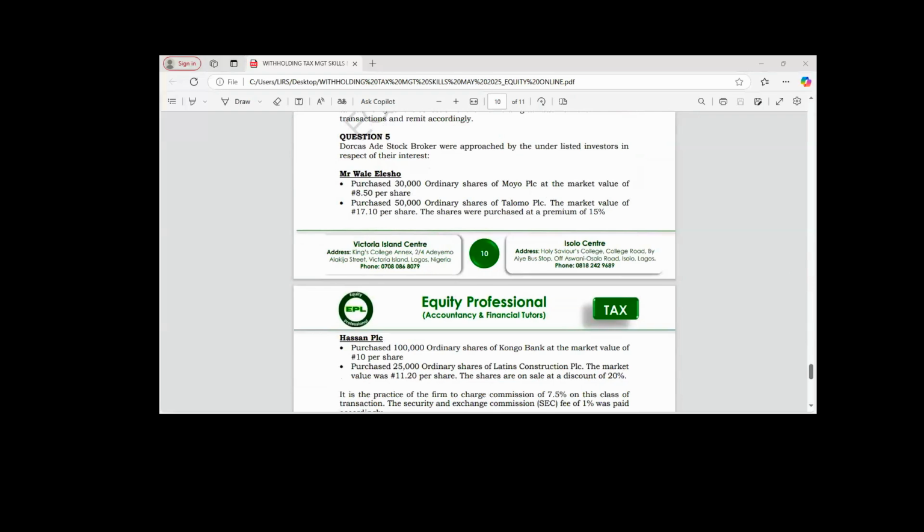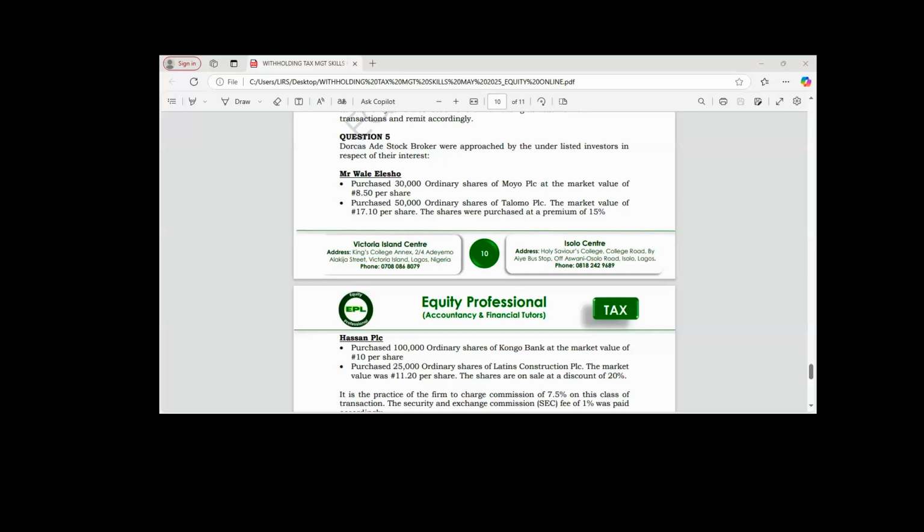That means the solution was based on the old rate. Please take note of that. It is a resident company, because we are not told that it is non-resident. They even tell us SYZ Registrar Limited, so that means it's a Nigerian company. So the rate is 5%.